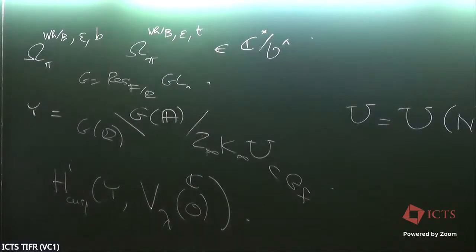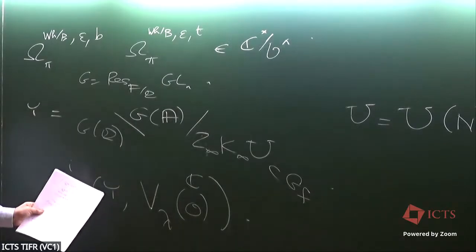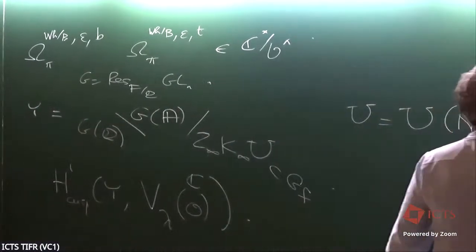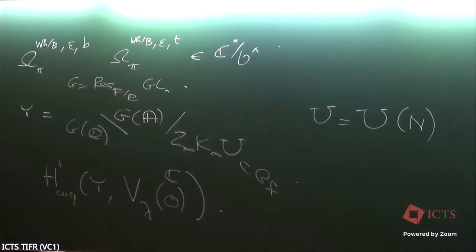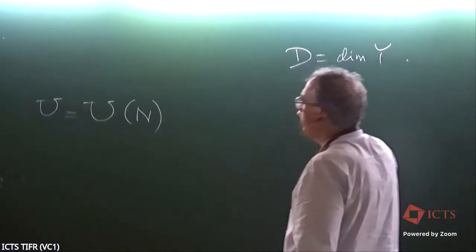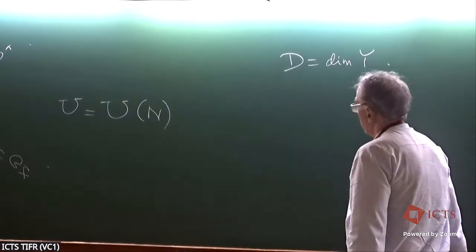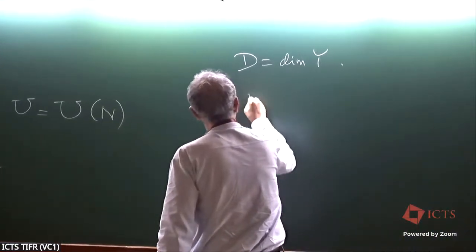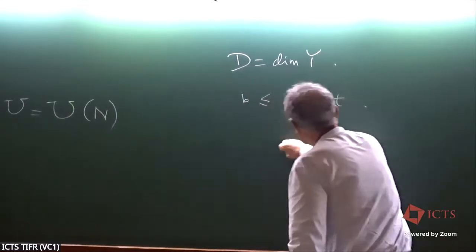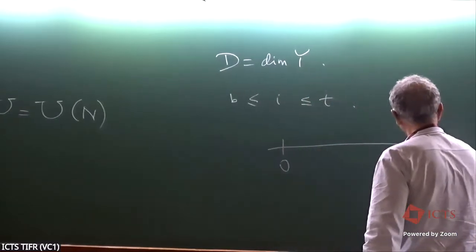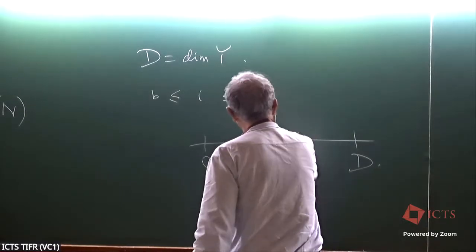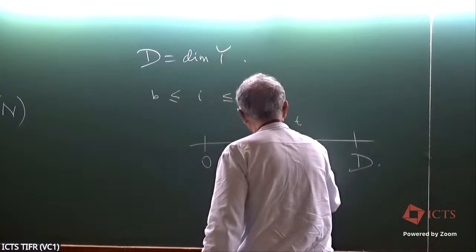And as I said last time, there are numbers associated to Y. First of all, there is the dimension of this variety. This variety is a real manifold of real dimension D. And there is a bottom degree and a top degree. So these indices are like that: you have 0, you have the dimension D, you have the middle, D over 2, and you have these numbers B and T, and the length here is L0.